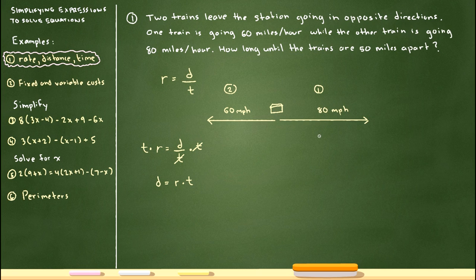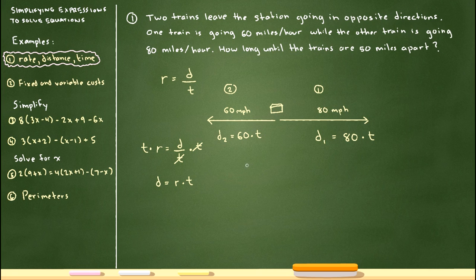The distance, I'm going to write d sub 1 for the distance that train 1 traveled, is going to be its speed, which is 80 miles per hour, times the time it was traveling. And the distance that train 2 covers is equal to its speed, which is 60 miles per hour, times the time that it's traveling.